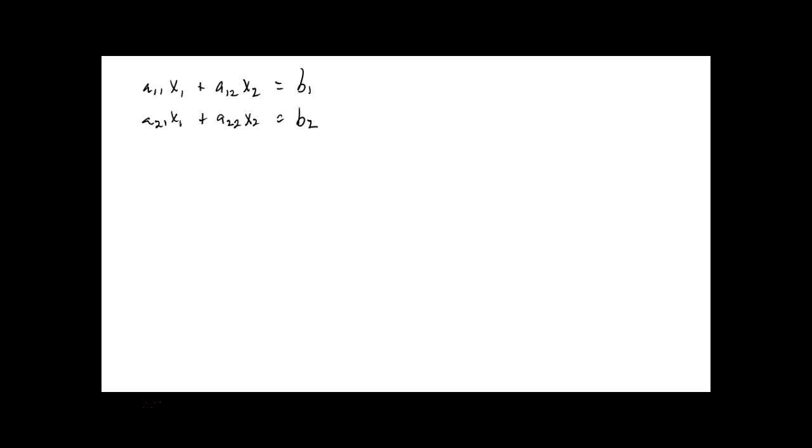Now, if you were going to solve this by elimination by addition, as it used to be called, let's say we solve for x1. We would multiply the top equation by a minus A21 and the bottom equation by a positive A11. This is going to get messy looking, but it'll work.